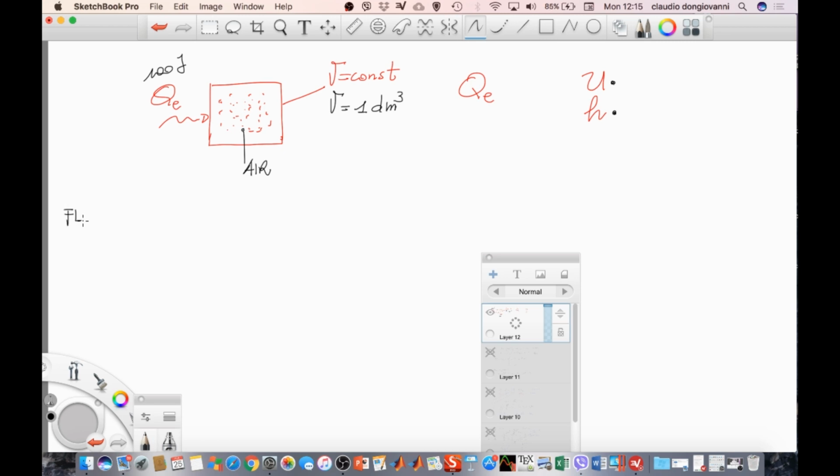For closed system. Okay, so Lagrangian form. First of all, we have to write it.